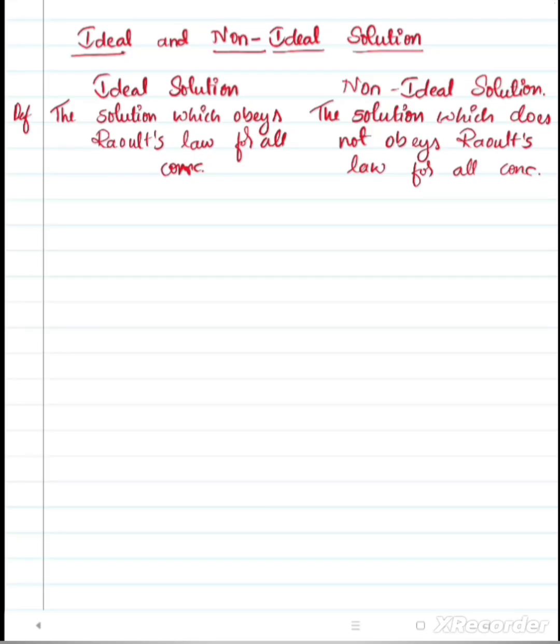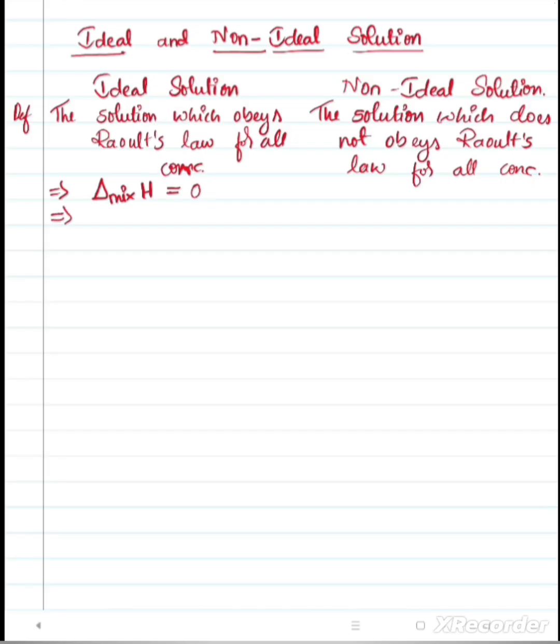Okay, this is the definition for ideal and non-ideal. And they may also ask for the difference between ideal and non-ideal solutions. For that, the second point of difference is delta mix H. After mixing solute and solvent, how much the energy changes is equal to 0 in case of an ideal solution.